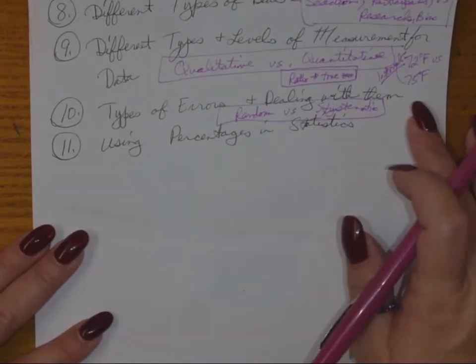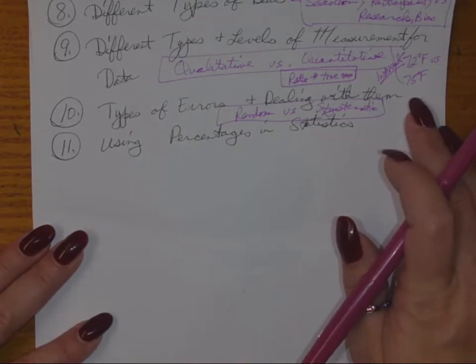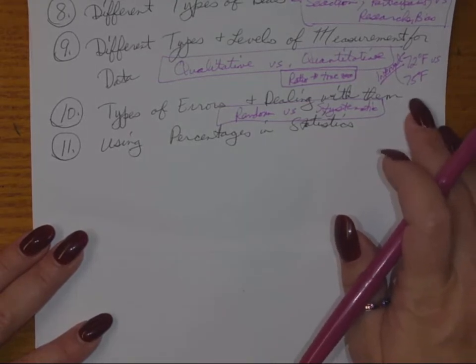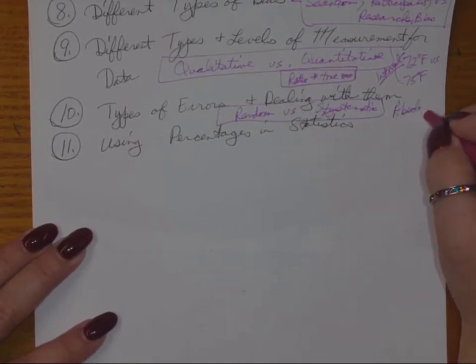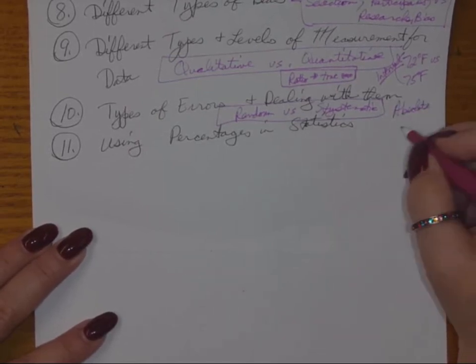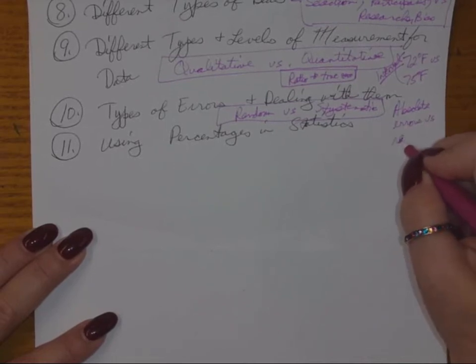Okay, remember that there were different types. There was absolute and there was relative. So this is where we started doing calculations. Absolute errors versus relative errors.